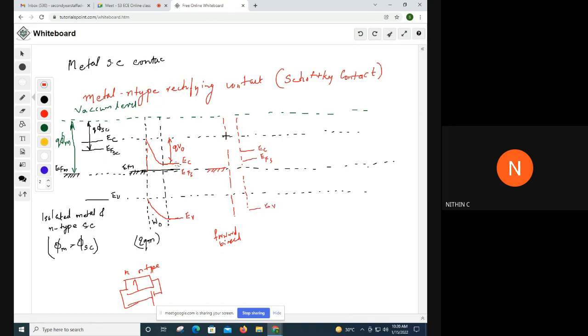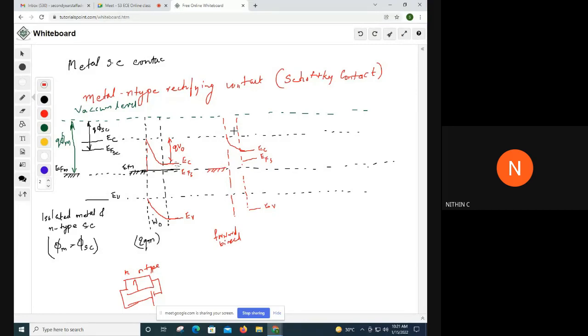So then I will join this. This height will not change. The difference between EFM and this line is not going to change; it will remain constant. Only the height from this side will change. The barrier on this side will remain the same. Which barrier? For an electron here in the metal to move into the semiconductor, it needs to cross this much energy. An electron from this side will move to the semiconductor side only after crossing this much barrier.